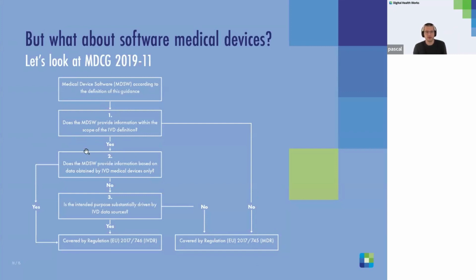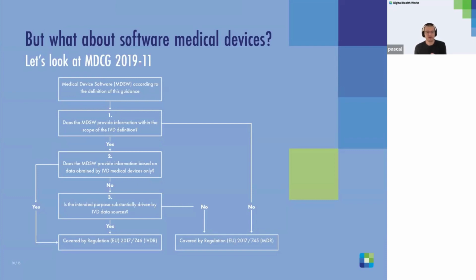If yes, you go to the second question: is the information that the software provides based only on data obtained by an in vitro diagnostic medical device? If yes, it's clearly an IVD device falling under the IVDR.